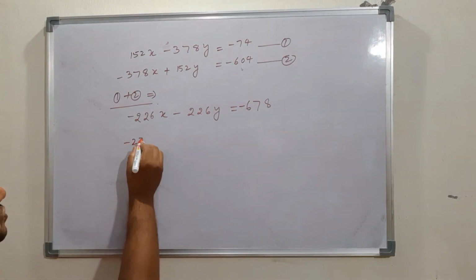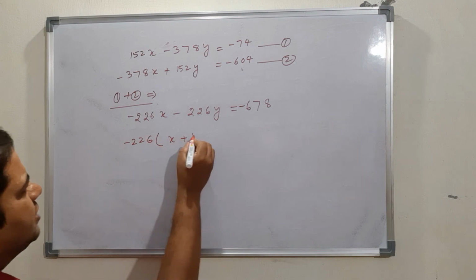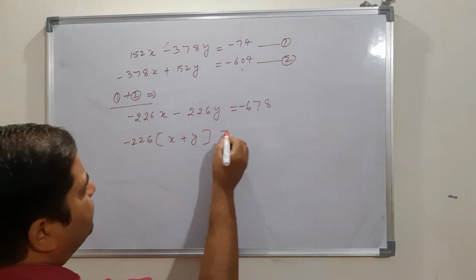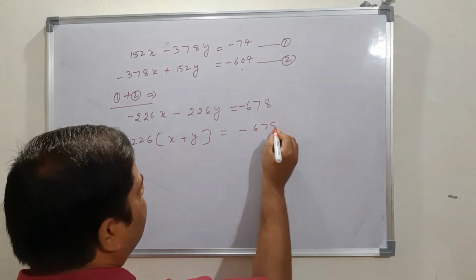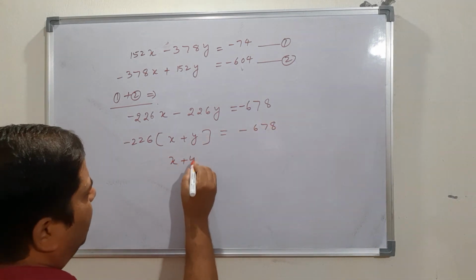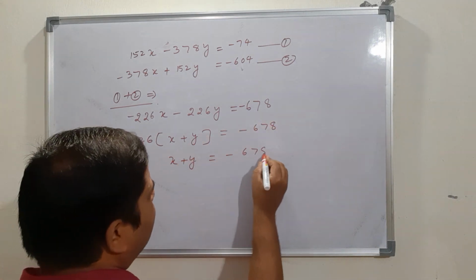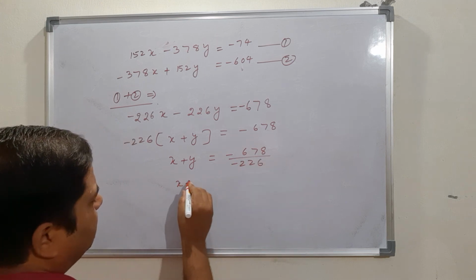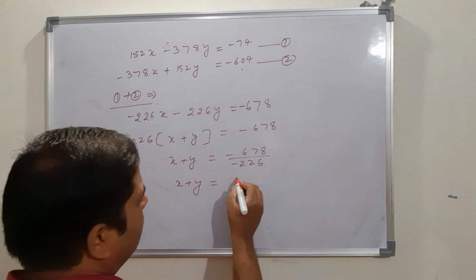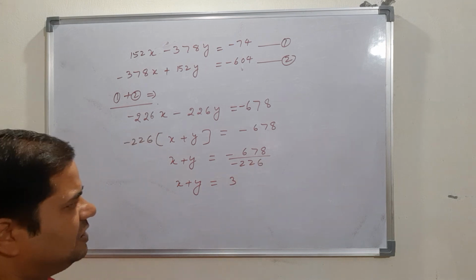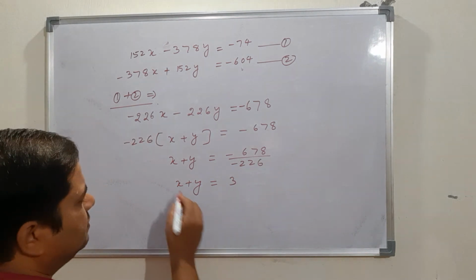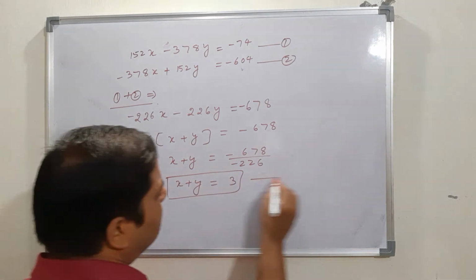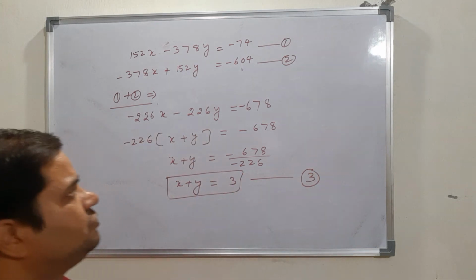So minus 226 is taken common, x plus y, this will be minus 678. So x plus y is nothing but minus 678 upon minus 226. So x plus y is nothing but 3, because 226 threes are 678. So this is the value. So this is supposed to be equation number 3.